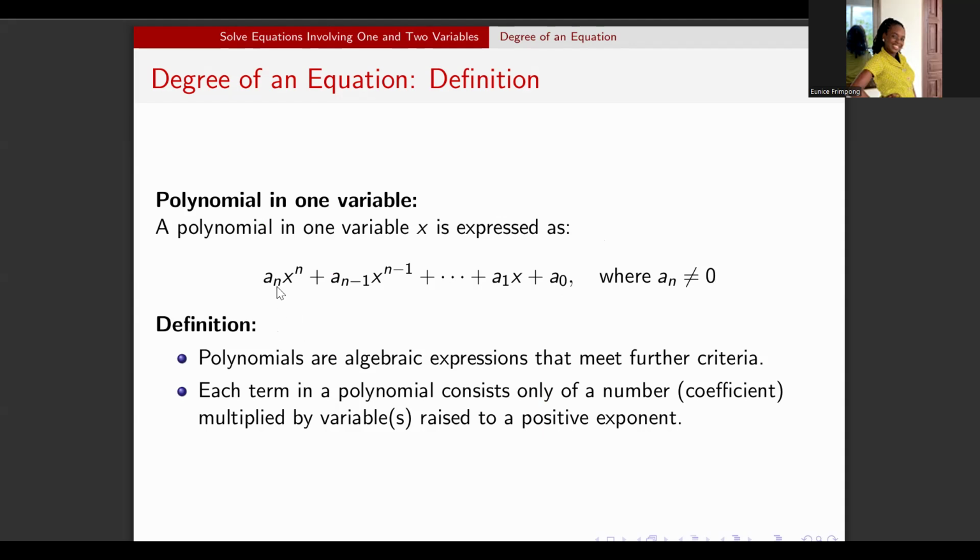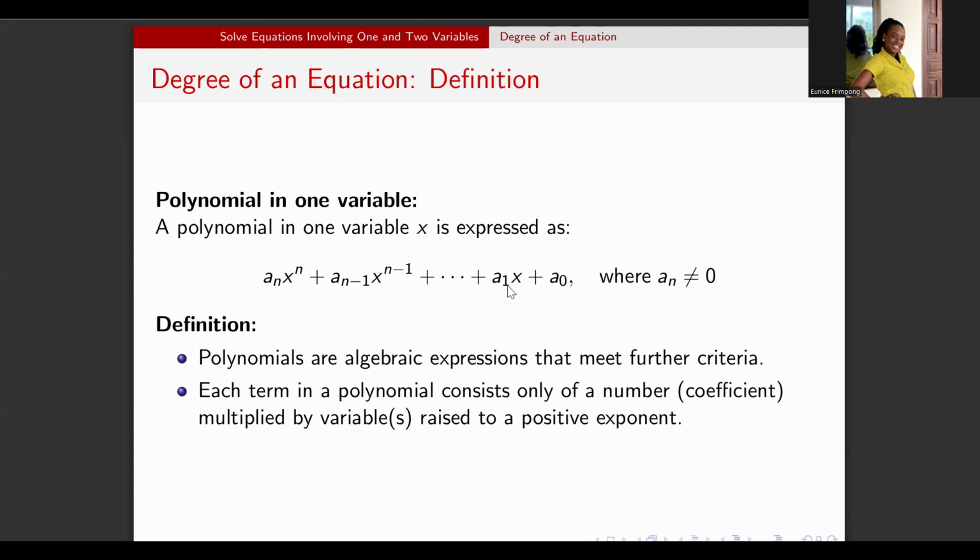In this case, the a_n's are the coefficients of the polynomial, and the x's are the variables of the polynomial, and the exponents are the exponents of the variables.